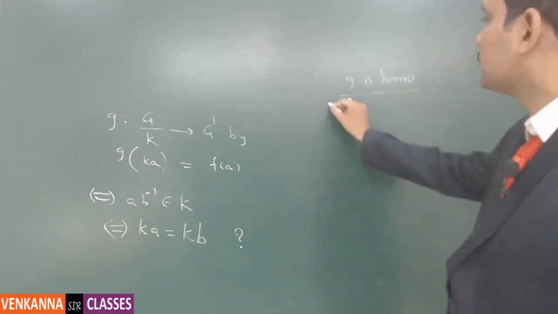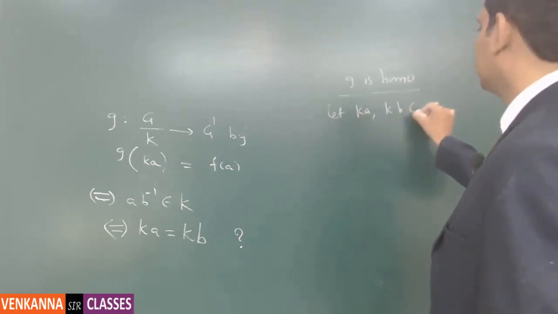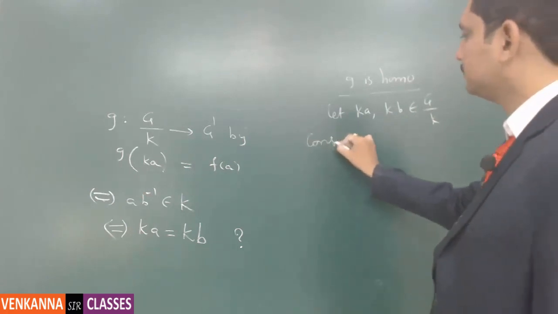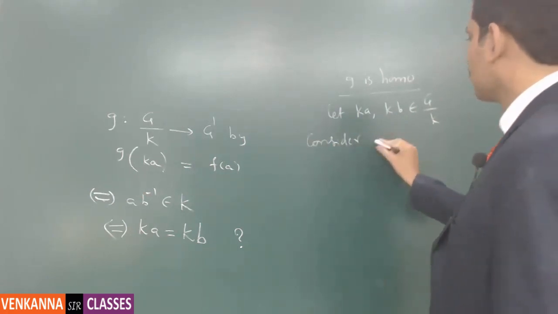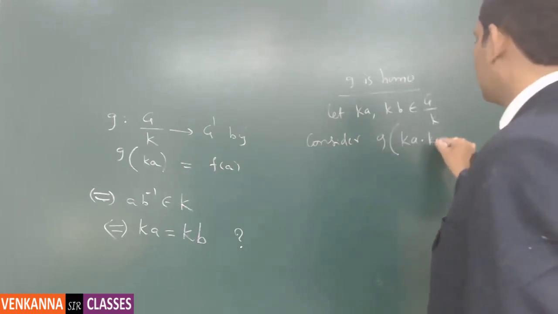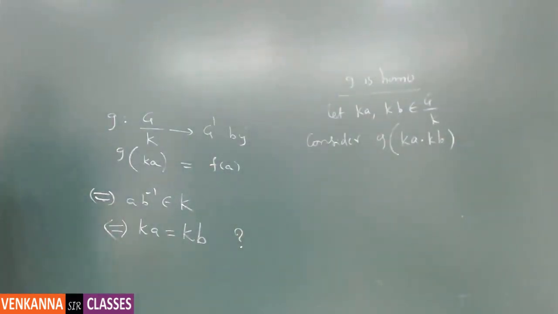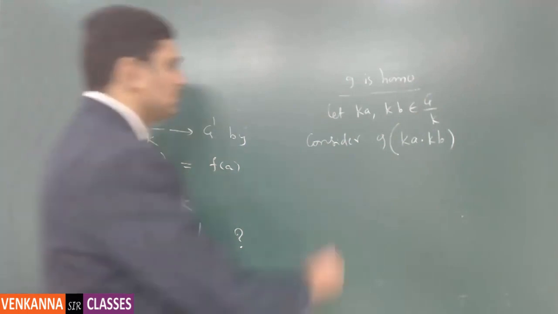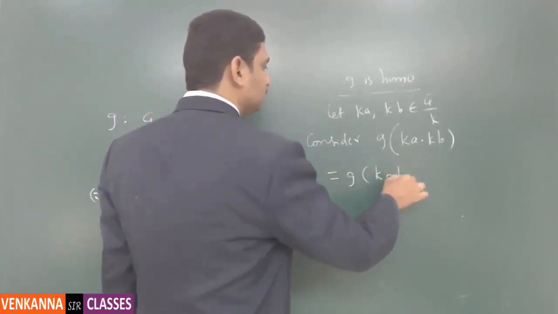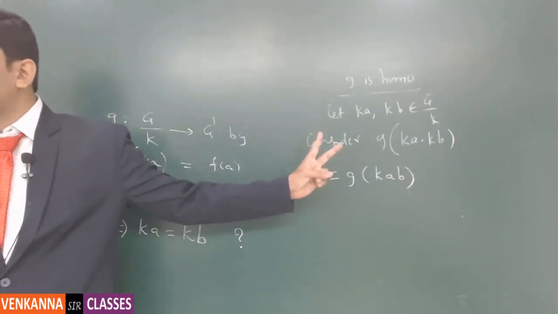So you take two cosets. Now you consider g of Ka dot Kb. This is equal to g of Kab, because how do we multiply two cosets?